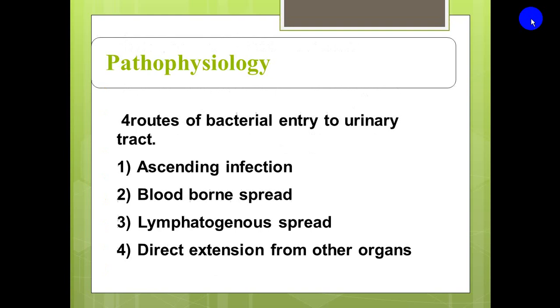The pathophysiology of urinary tract infection: we should understand the 4 routes of bacterial entry to the urinary tract, which are ascending infection, blood-borne spread, lymphatogenous spread, and direct extension from other organs.